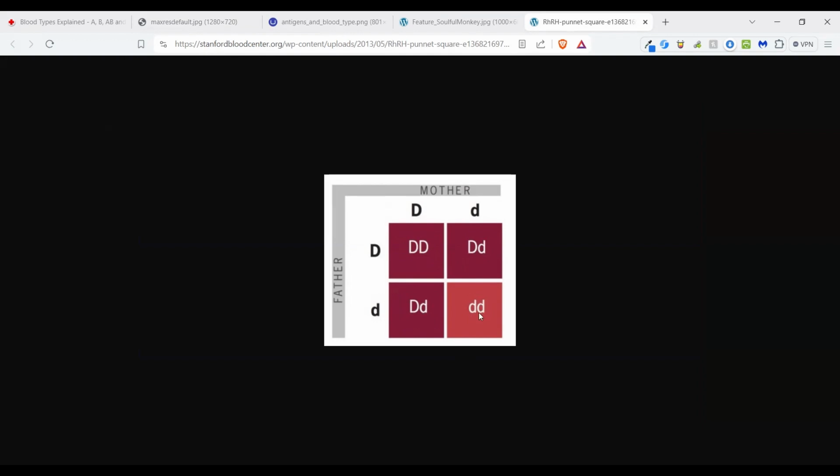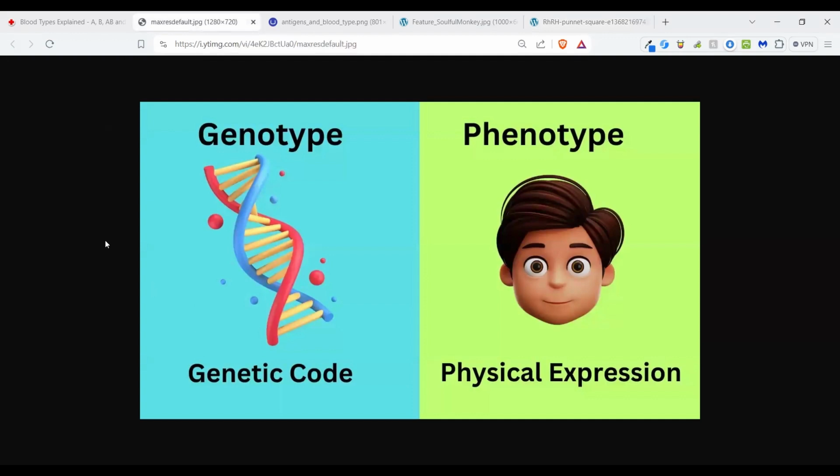The lowercase is how we denote recessive, and uppercase is how we denote dominant. So remember to check the names. Genotype is the genetics, and then phenotype is the physical expression, so what you can observe.